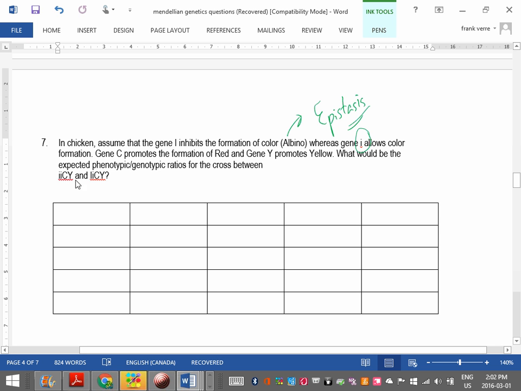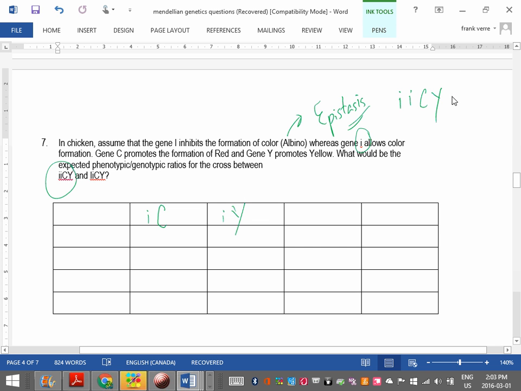So let's work out this parent. I didn't need to do all of the squares. So this parent is little i, Cy, right? So what are the possibilities? So we have little i, Cy. This parent can produce a little i with a C or a little i with a Y. Are there any other possibilities?